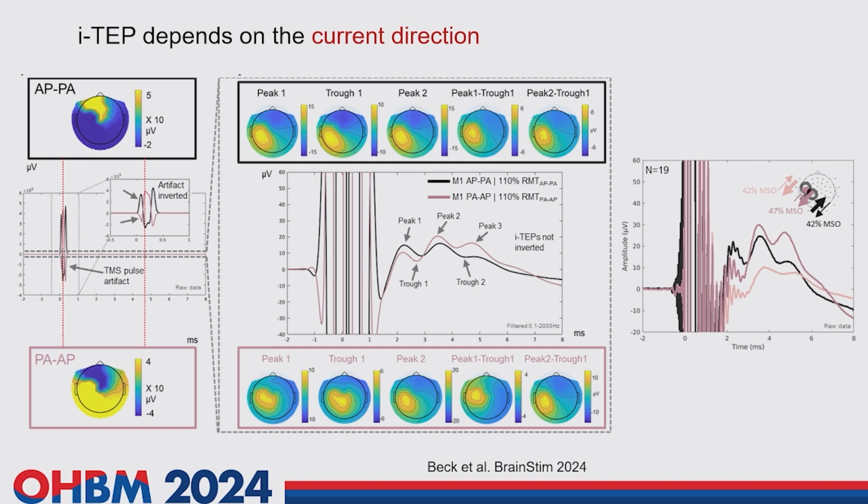And this actually follows the rule of directionality that has been seen when stimulating the motor cortex to evoke motor evoked potentials. When we stimulate with the optimal direction, we have a certain response. When we stimulate with the opposite direction, the response is lower, exactly like here. So this speaks in favor of a physiological signal.